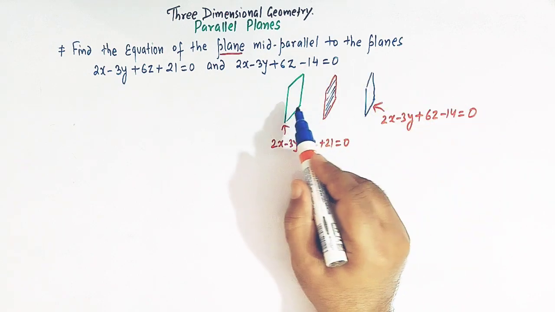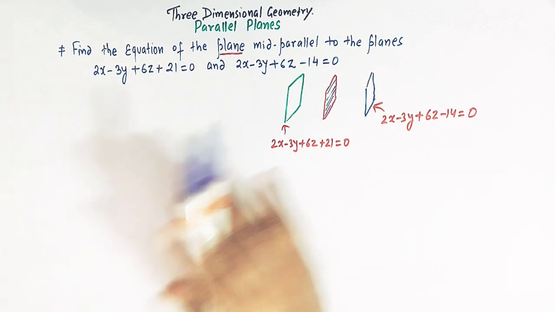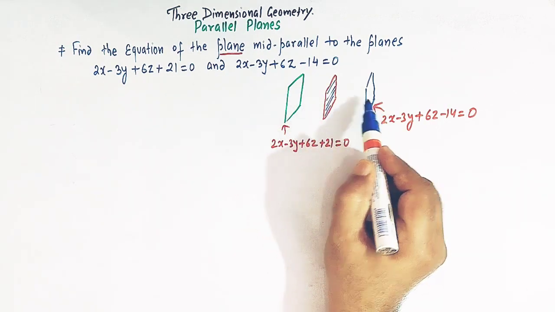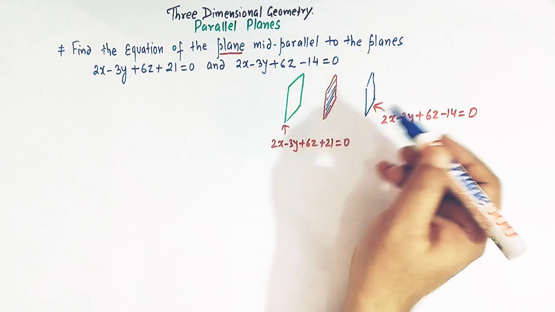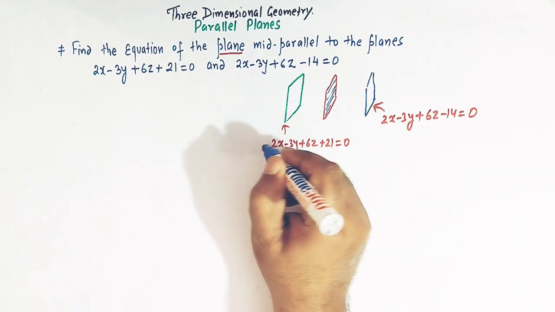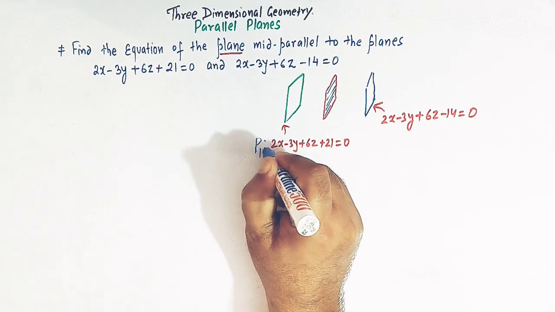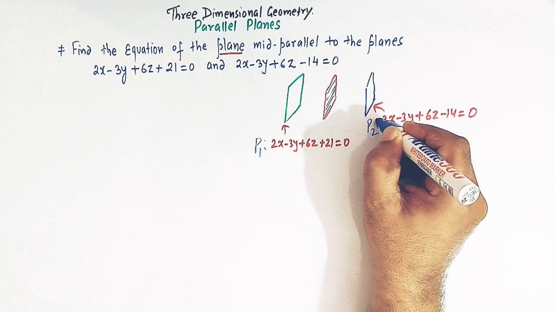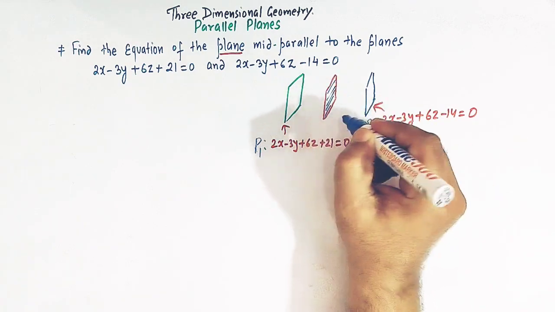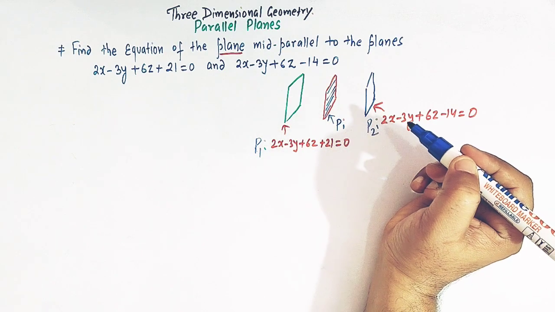And this plane lies between these two planes, and moreover all the three planes are parallel to each other, right? So now let us name these planes. Suppose this plane is P1, right? And let us call this plane as P2. And this plane can be named as plane P, right?